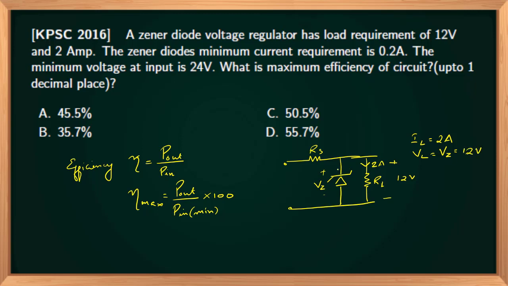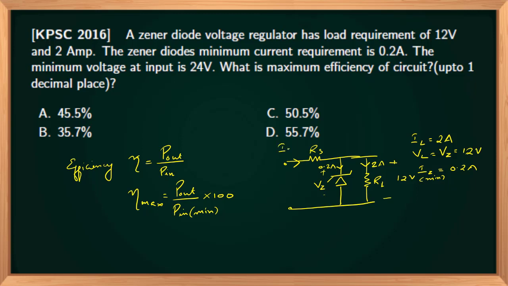Therefore, the minimum current through the Zener diode is 0.2 ampere. So IZ minimum equal to 0.2 ampere. So what is the total current flowing through RS? It will be the sum of 2 plus this current.